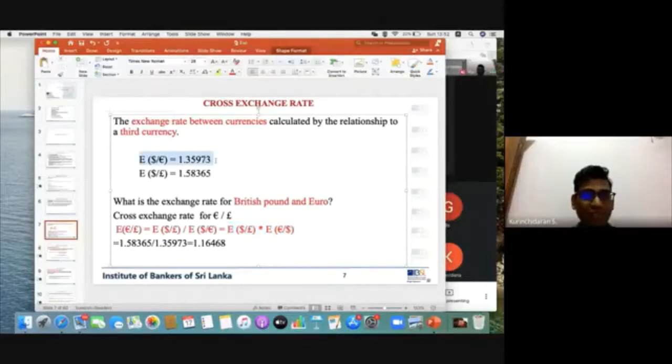The first one I highlighted here, this is €1 is equal to 1.35973 dollar. My question is, how much euro is worth for $1? If you are clear on that, then you are okay with this exchange rate calculation.